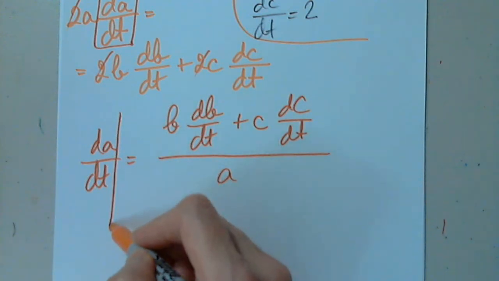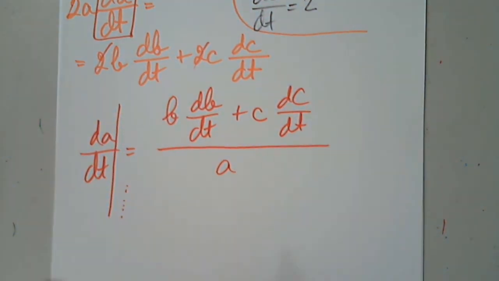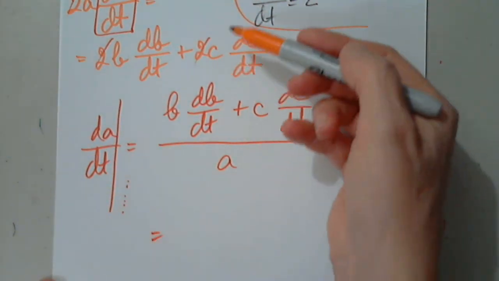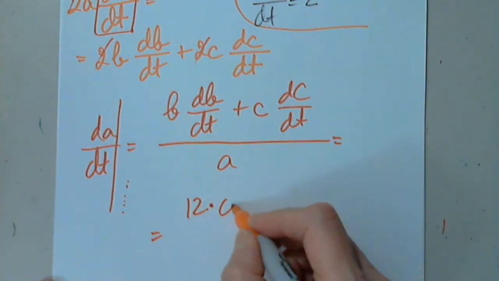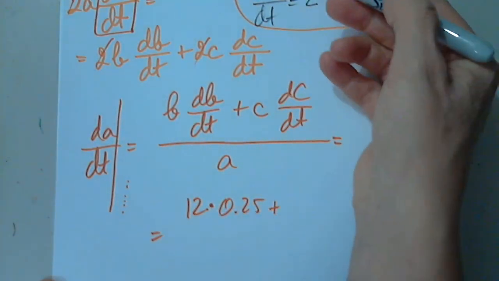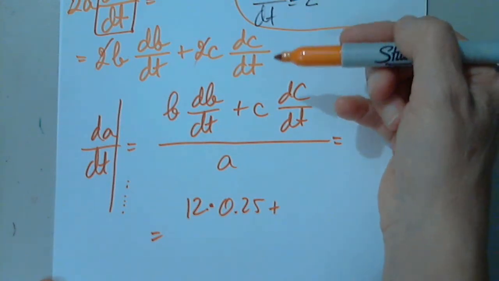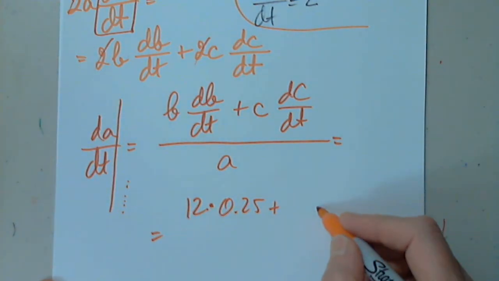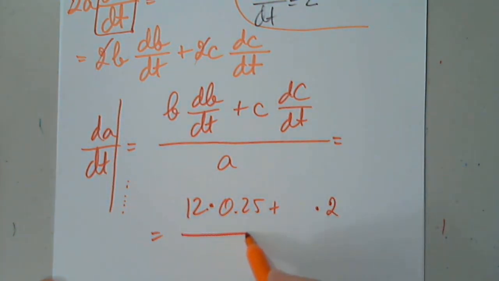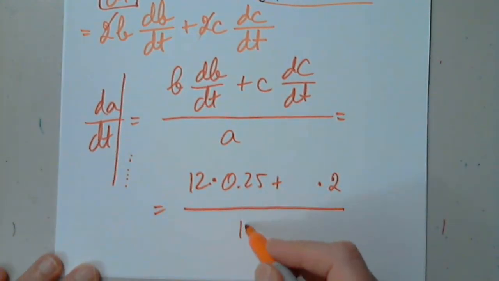And all I need to do now is just put in those values. So b, 12, dB over dt, 0.25, c, I have to determine c, dC over dt, 2, over a, 13. Okay?